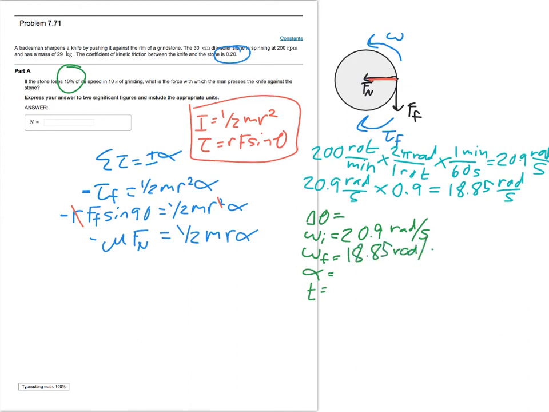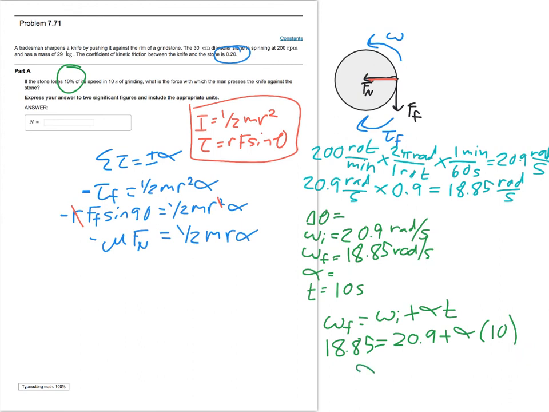And that happens over a period of time of 10 seconds. So using that, I can solve for my angular acceleration. I can say 18.85 equals 20.9 plus alpha times 10. When I solve for that angular acceleration, I get negative 0.209 radians per second squared.